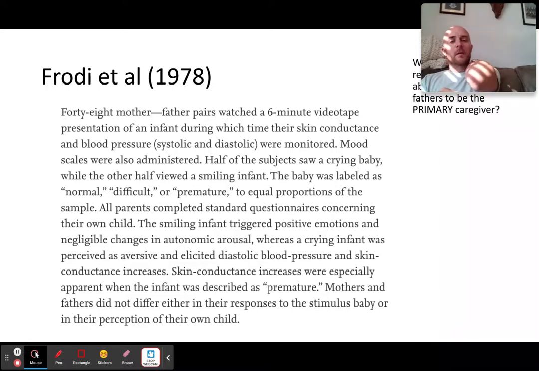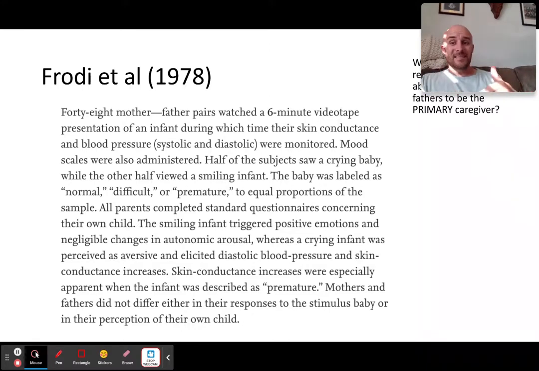So Frodi, and I'm going to go for this very, very briefly. Frodi basically measured the sweat and the blood pressure of mums and dads. And they found that there was actually no difference in sweat conductance or blood pressure when you showed mothers and fathers things about their kids, or asked them about the perception of their own child, which suggests that biologically mums are not programmed to be the primary caregiver.